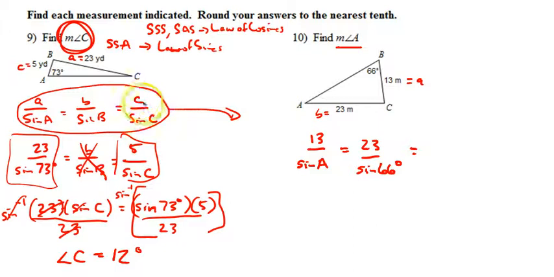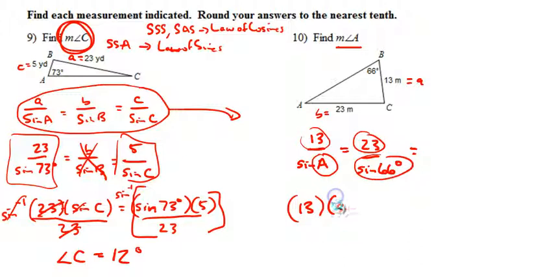I don't even have to write the third one because I have everything that I want right here. Cross multiply. So you get 13 times the sine of 66 degrees equals the sine of A times 23.